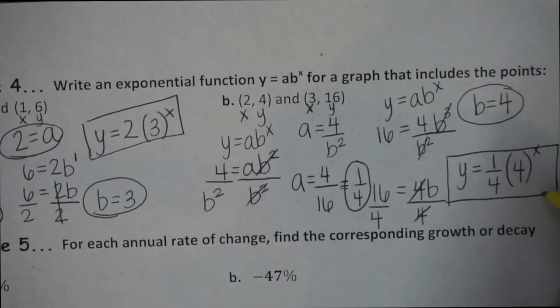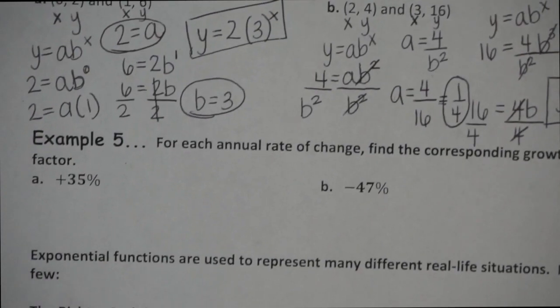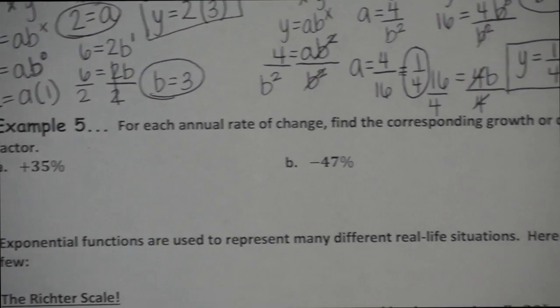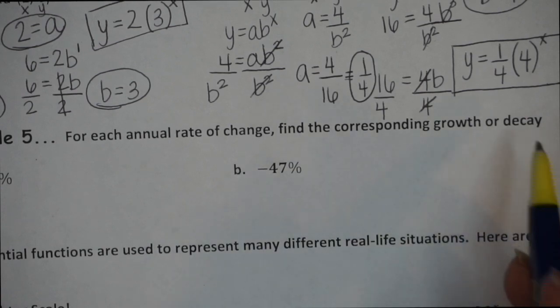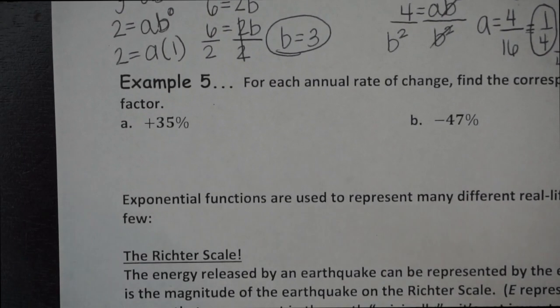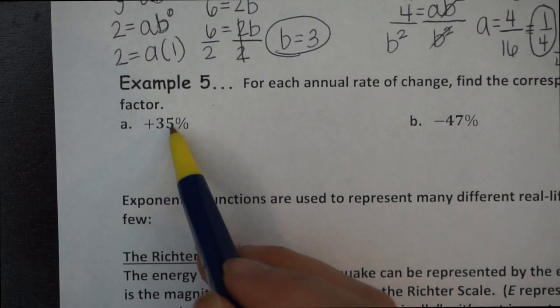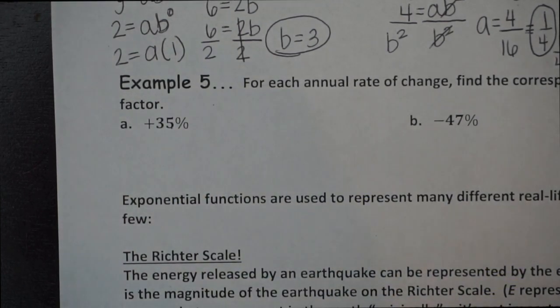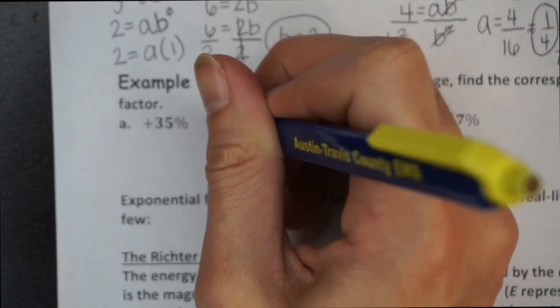All right, luckily example 5 is a lot easier. All we are doing is finding the annual rate of change. All right, find the growth or decay factor. So this is saying there's an increase in 35%. They just want us to find the growth factor then. Obviously this is growth.